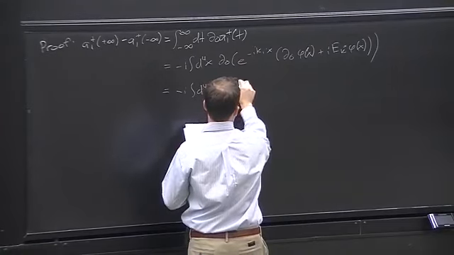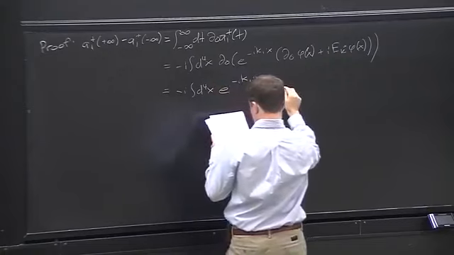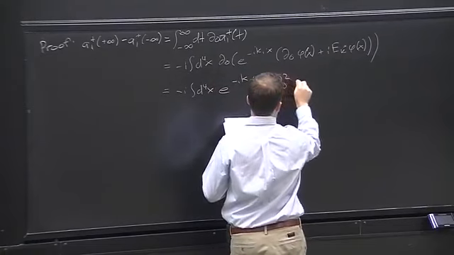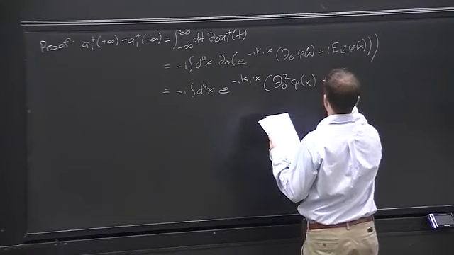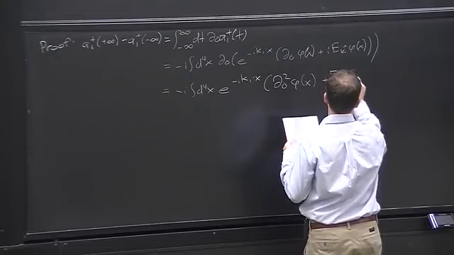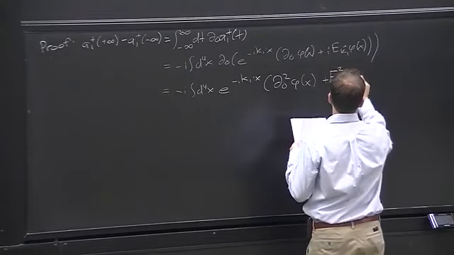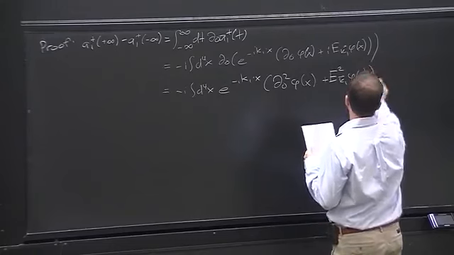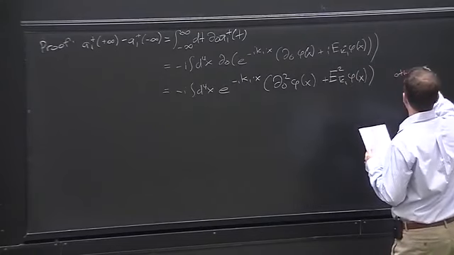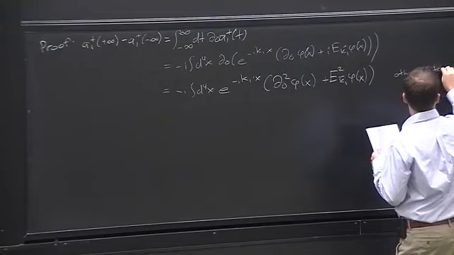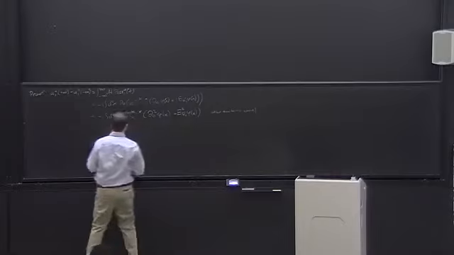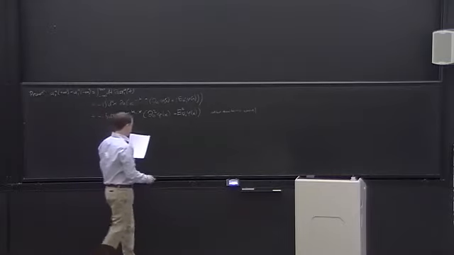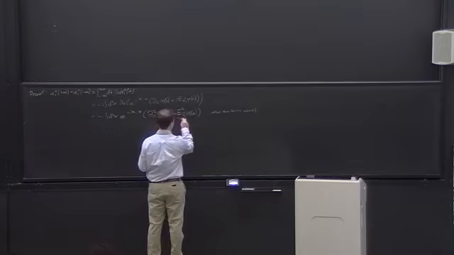So what we're left with is two derivatives on phi of x, and i and minus i cancel, E_k squared phi of x. The other 2 terms cancel. And well, we can write E_k squared as k squared plus m squared.